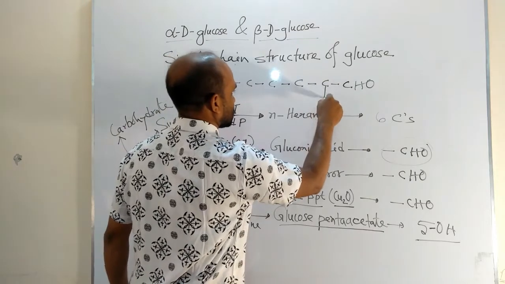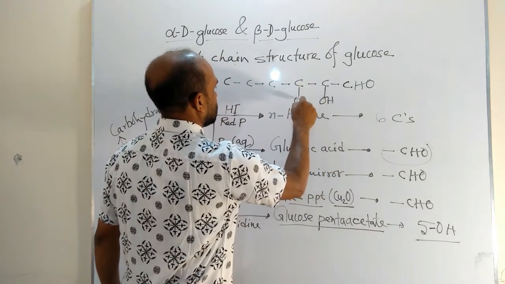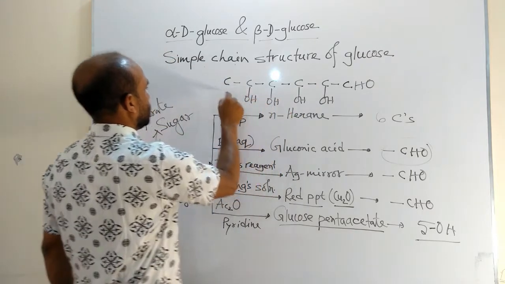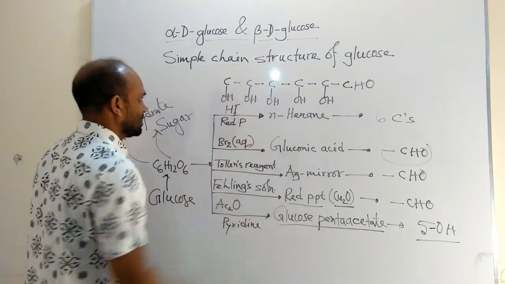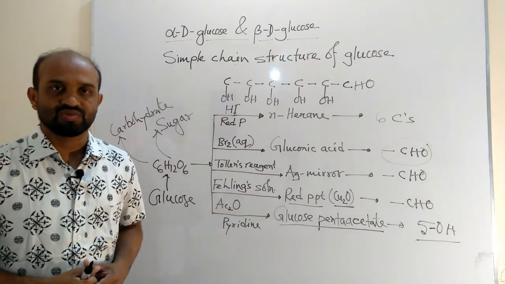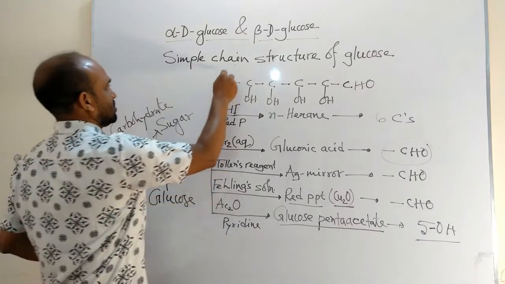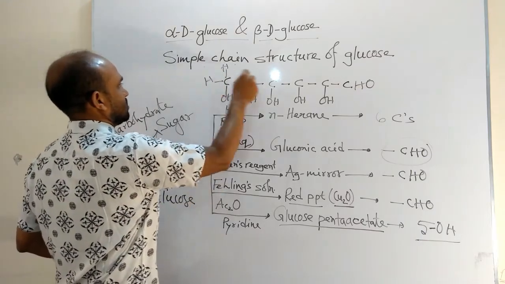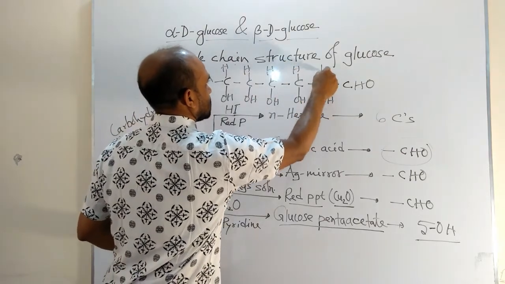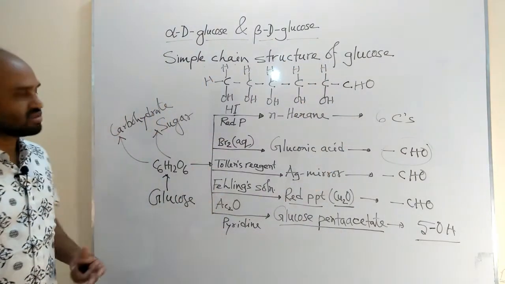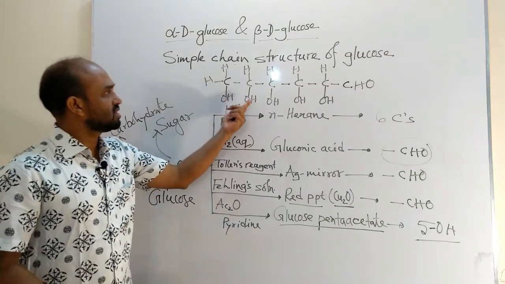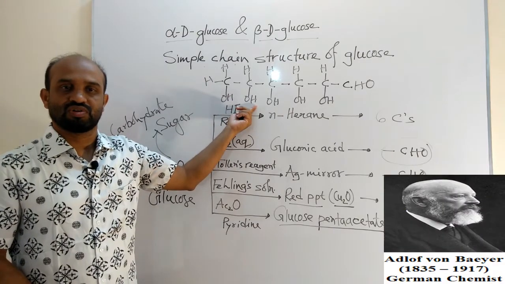Let's write 5 hydroxyl groups: 1, 2, 3, 4 and 5. The other hands of carbons are satisfied with hydrogen atoms. So from these data, German scientist Bayer proposed this simple chain structure of glucose.